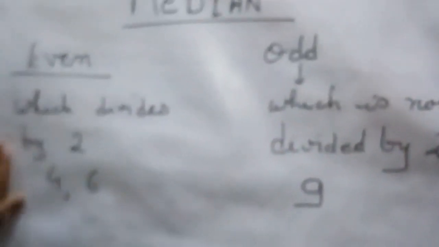In order to find the median for even numbers, we have the formula n by 2, comma, n by 2 plus 1. For odd numbers, we have the formula n plus 1 upon 2. This is the main concept, and now I am going to explain how you will find the median for the given question.